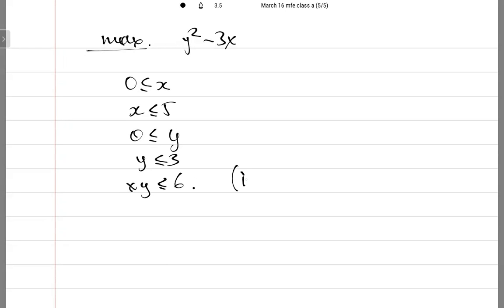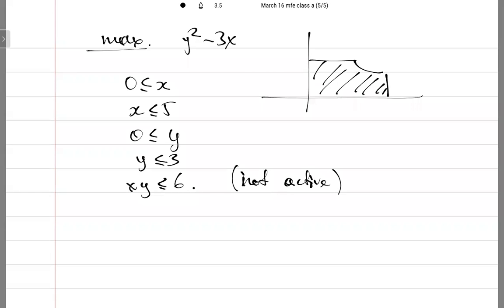We know that this one is not active. I will copy my plot. The maximum is here from the graphical approach.